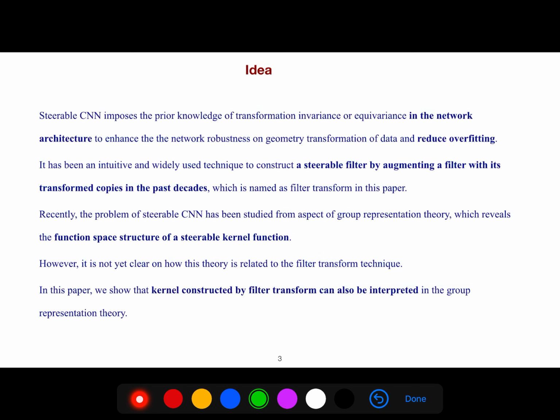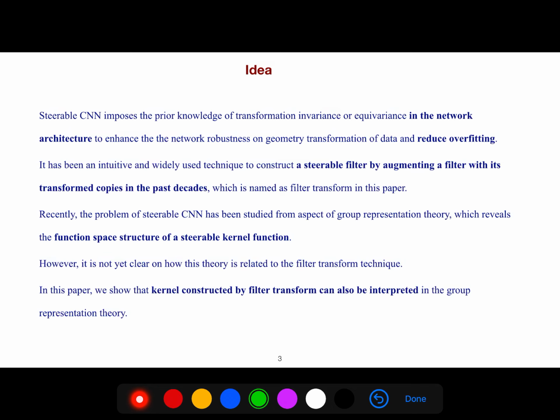Steerable CNN imposes the prior knowledge of transformation invariance or equivariance in the network architecture to enhance the network robustness to geometry transformation of data and reduce overfitting. It has been an intuitive and widely used technique to construct a steerable filter by augmenting a filter with its transformed copies in the past decades, which is named filter transform.